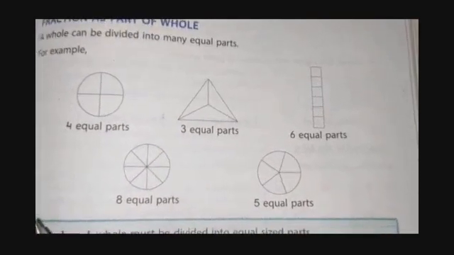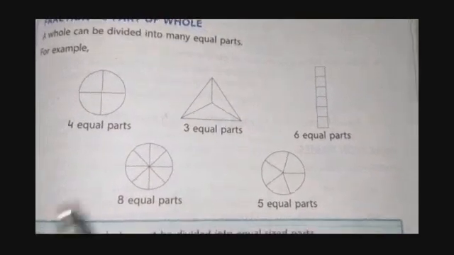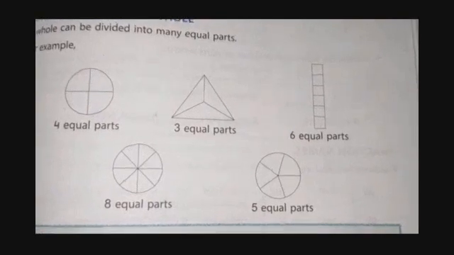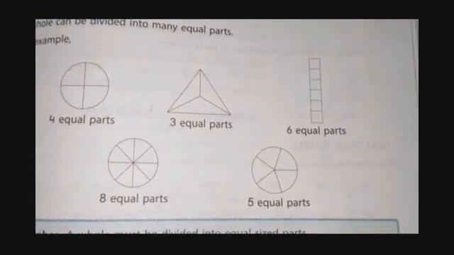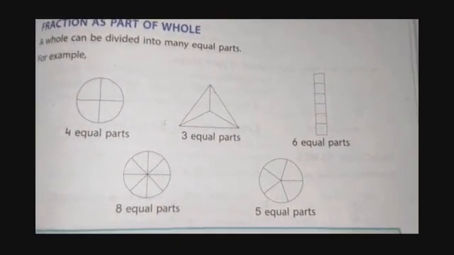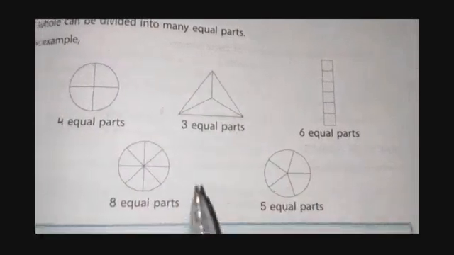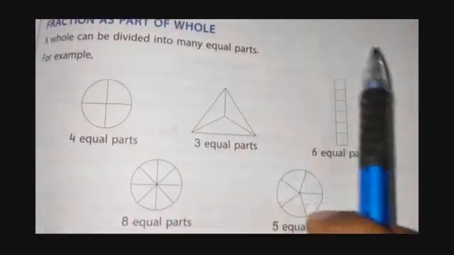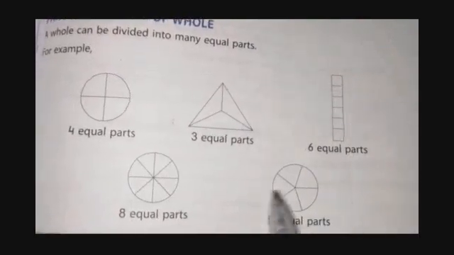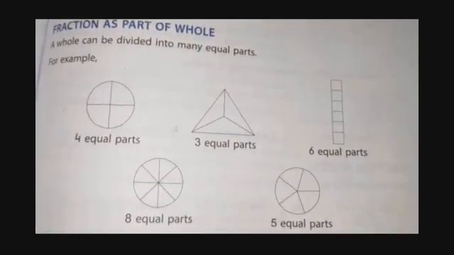In English, any part of the whole is considered a fraction, whether it is equally divided or not. But in mathematics, the object, the shape, the total or the whole needs to be equally divided, as you can see in the following figures. These figures are not unequal, they are equally divided.